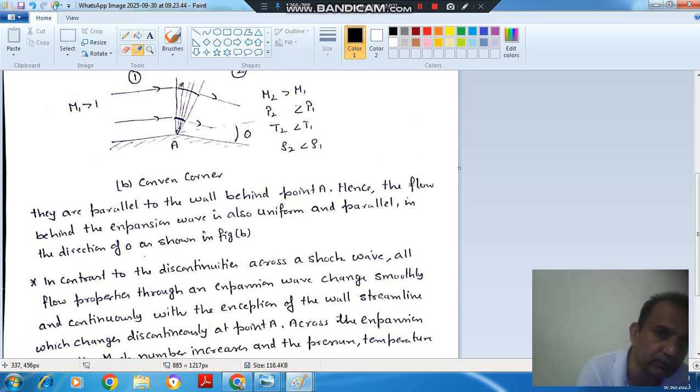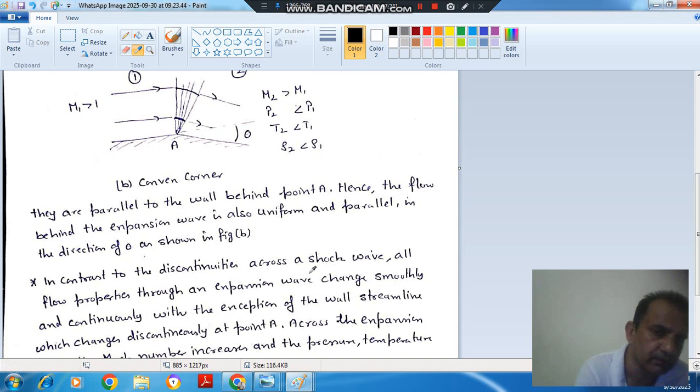In case of oblique shock there is a certain deflection, but here the deflection is continuous. And after the expansion wave they will become parallel to this surface. Hence the flow behind the expansion wave is also uniform and parallel in the direction of theta, as shown in figure B.